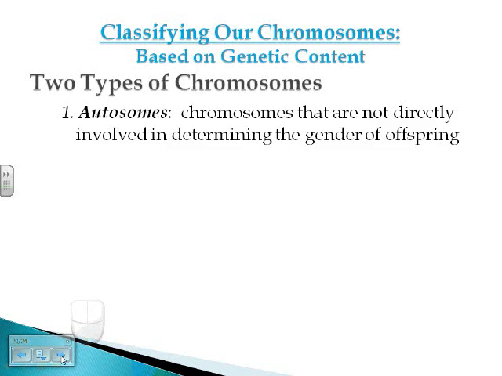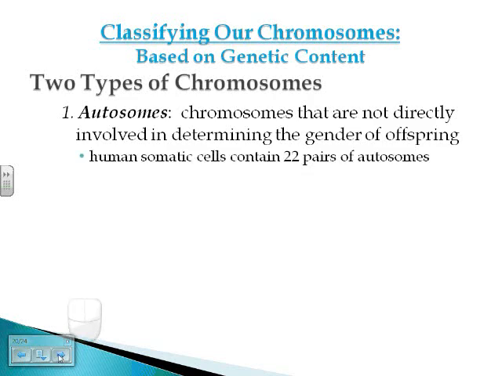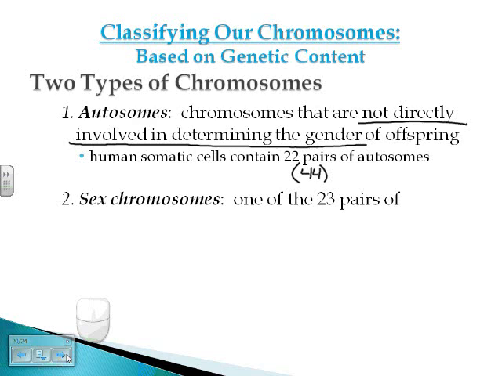You can also describe your chromosomes based on what they're coding for. You've got autosomes, that don't have anything to do with gender. In our case, we've got 22 pairs, which would give us 44 total. They're not directly involved in determining gender. So we'd have 44 autosomes versus sex chromosomes.